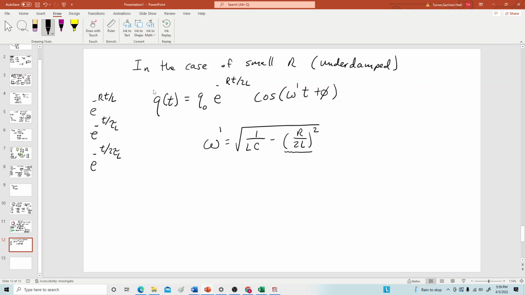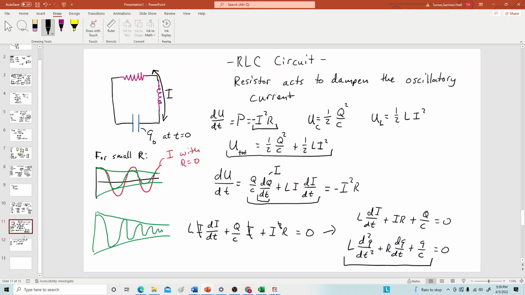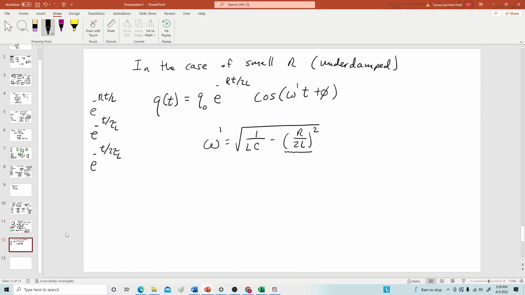So that is the RLC circuit for the underdamped case, and again, this is the most interesting of the solutions. If you look at the diagram that I drew, it might be even easier to redraw it here.